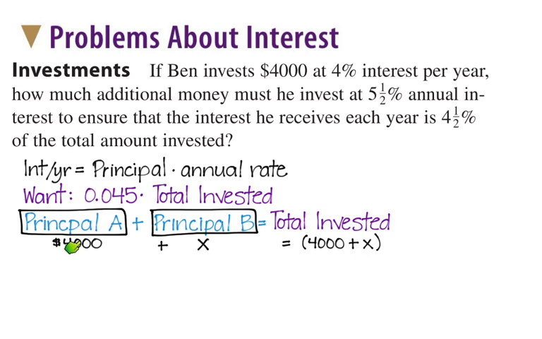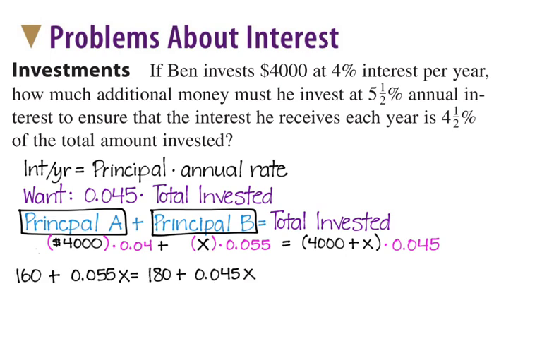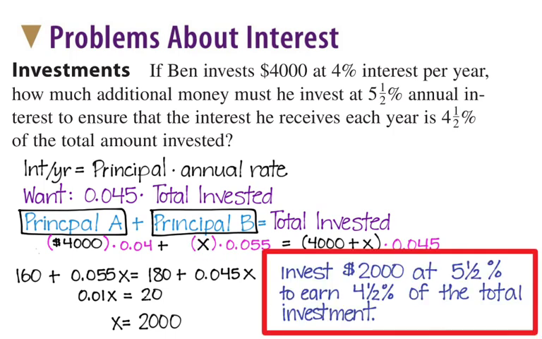Taking this amount, we're multiplying it by 4%, which is 0.04, and this amount, we're multiplying it by 5.5%, which is 0.055, and we want to know if we add those together, does it equal the total invested times 4.5%? Well, now it's just an algebraic equation to solve for x. And we solve for x and we say, oh, x stood for how much Ben put in the 5.5% account. So Ben would have to invest $2,000 at 5.5% to earn 4.5% of the total investment.